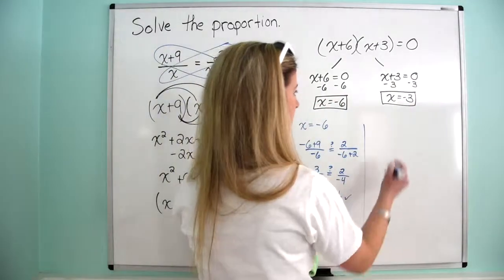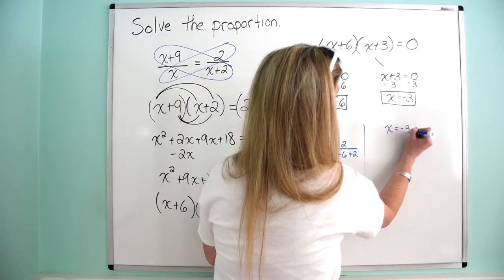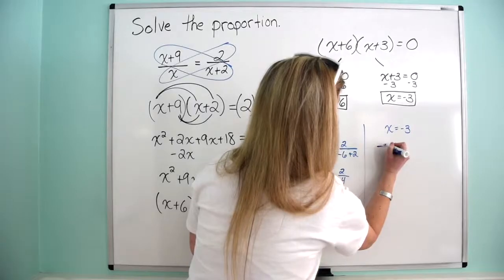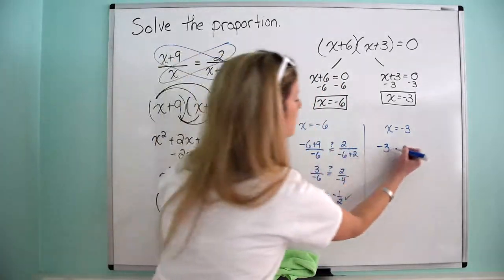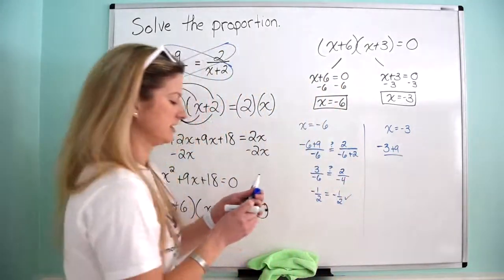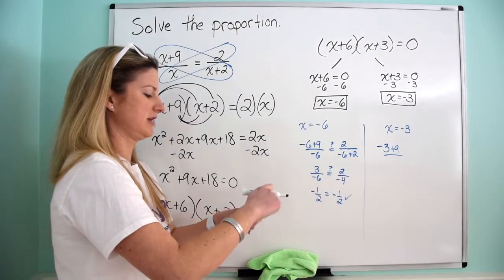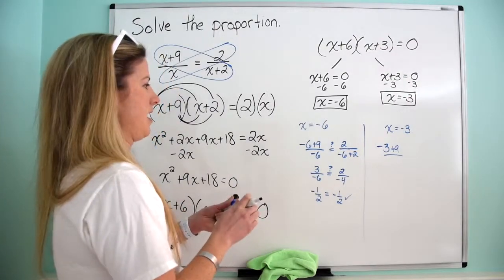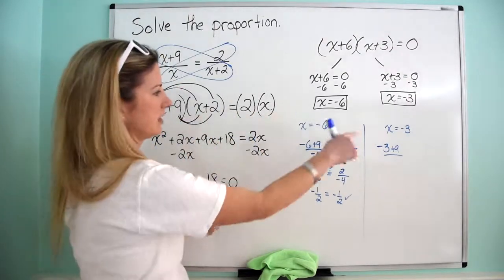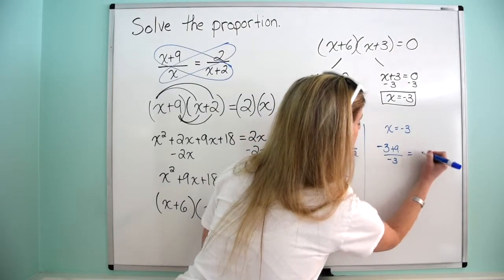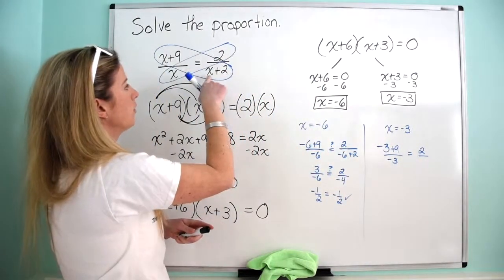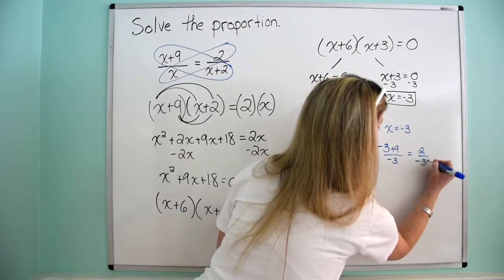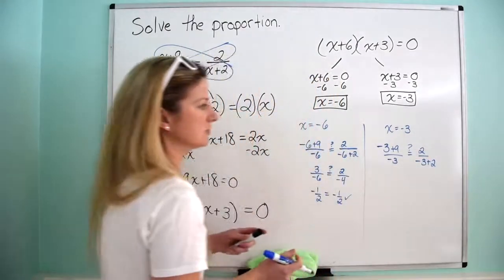Now we're going to check x equals negative 3. So we're going to do the same thing. We plug in negative 3 wherever we see an x. So that's negative 3 plus 9 over x, again, which is negative 3, and that equals 2 over negative 3 plus 2. So we want to know, is that a true statement?